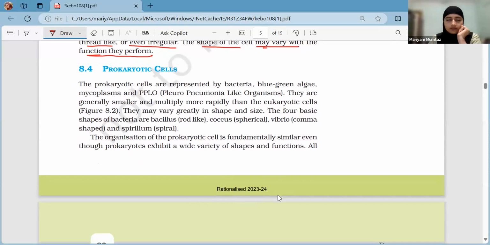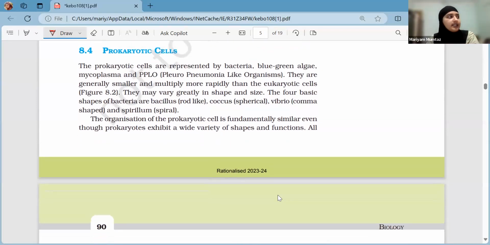All right. Now we'll talk about prokaryotic cells. The prokaryotic cells are represented by bacteria, blue-green algae, mycoplasma, and PPLO, pleuropneumonia-like organisms. They are generally smaller and multiply more rapidly than the eukaryotic cell. They may vary greatly in shape and size.